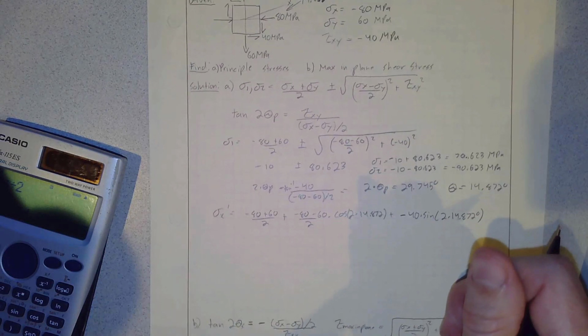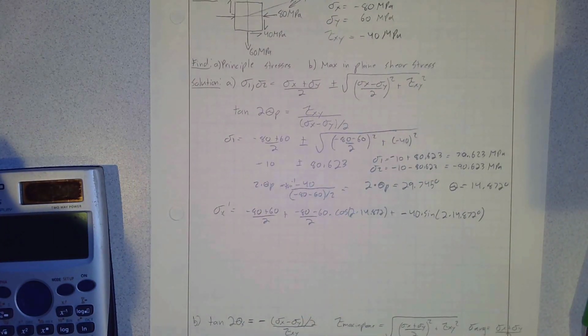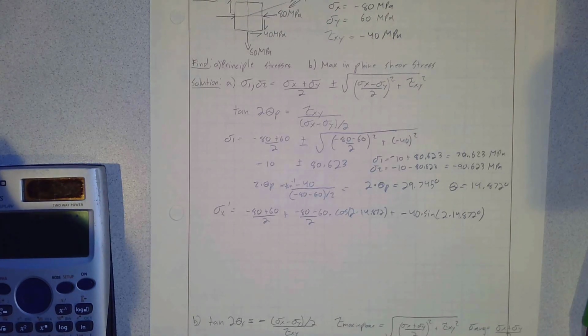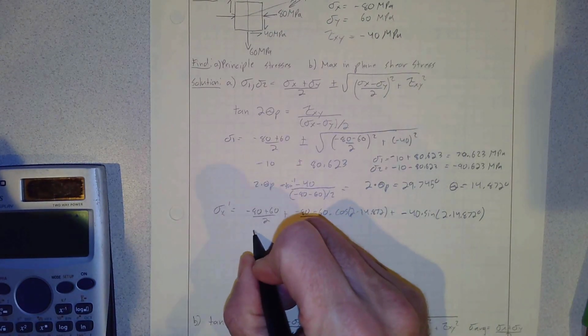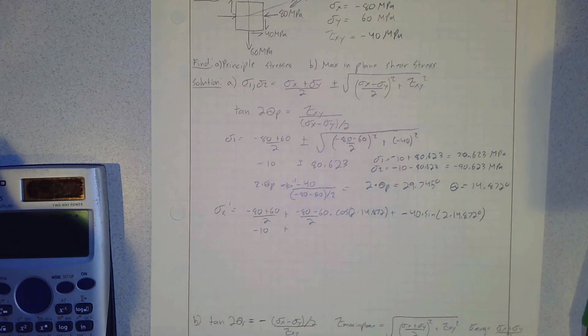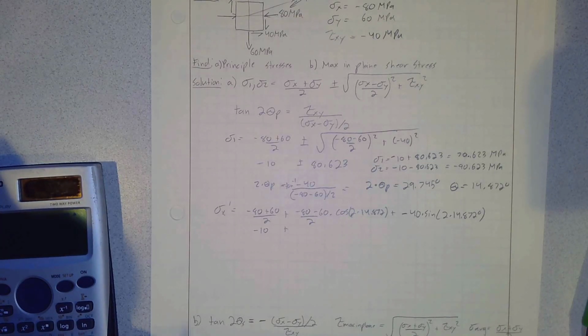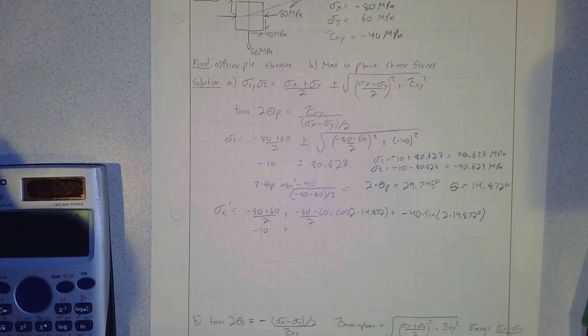Okay, so we can plug all that in now. Negative 80 plus 60, we already did this one, divided by 2, so that's minus 10, plus negative 80 minus 60, divided by 2, times cosine of 2 times 14.872.